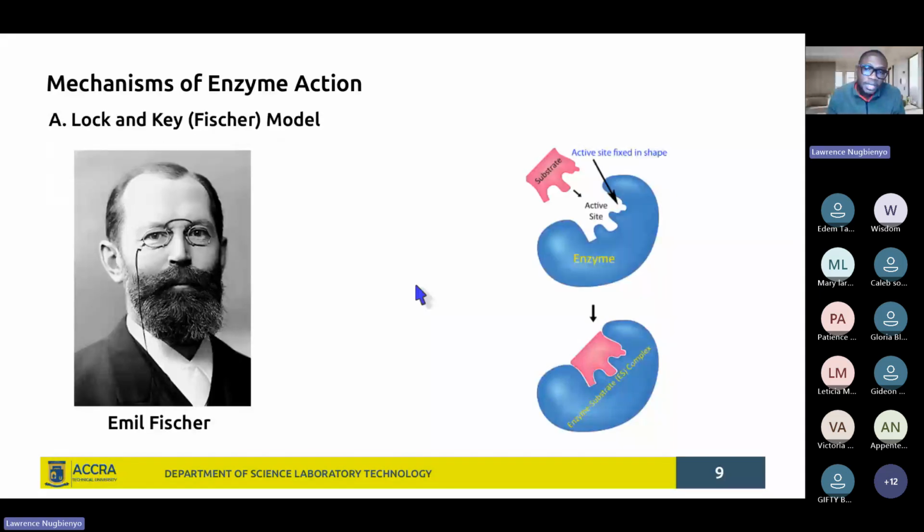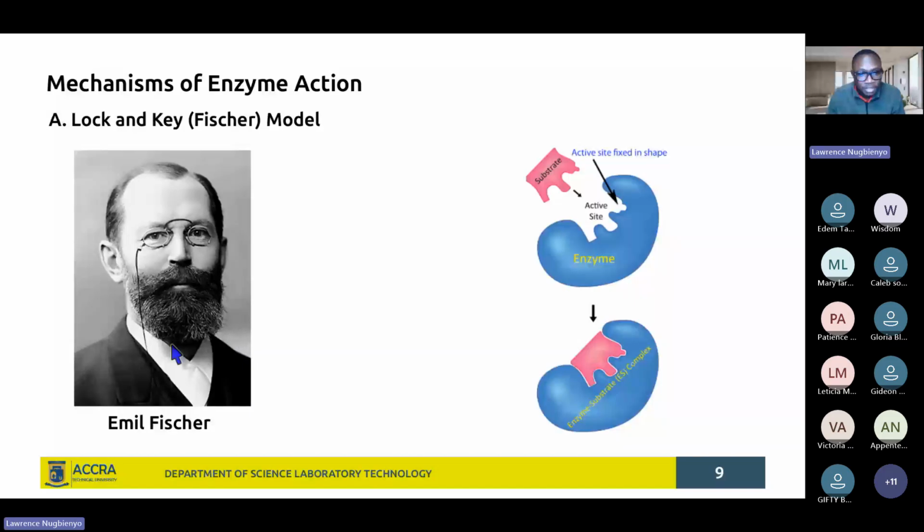Now, the first, which is the lock and key model, was proposed by a German chemist.